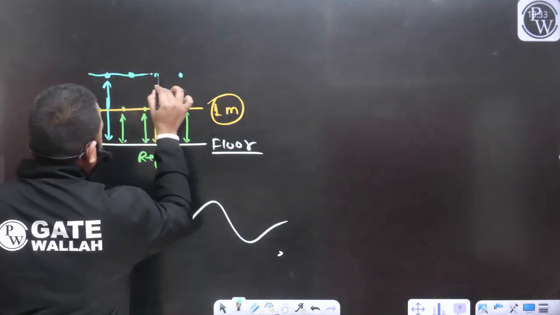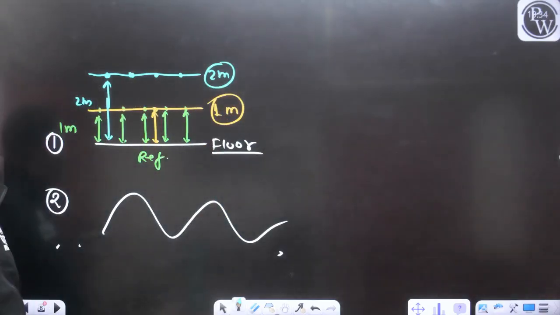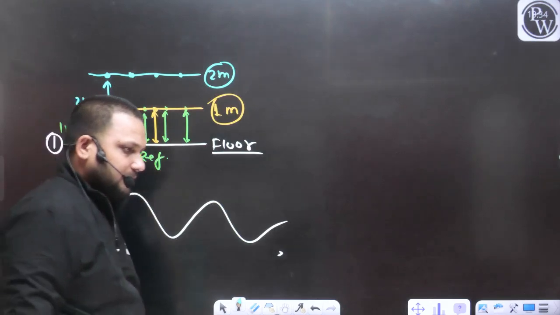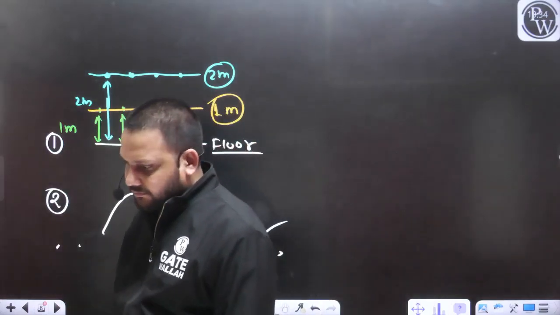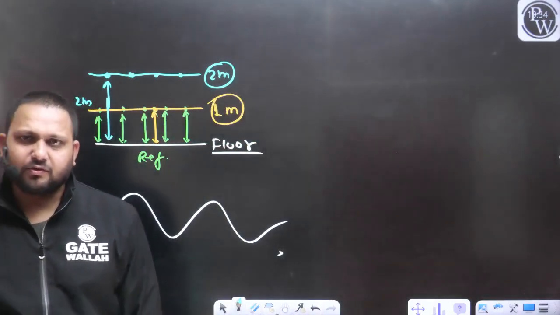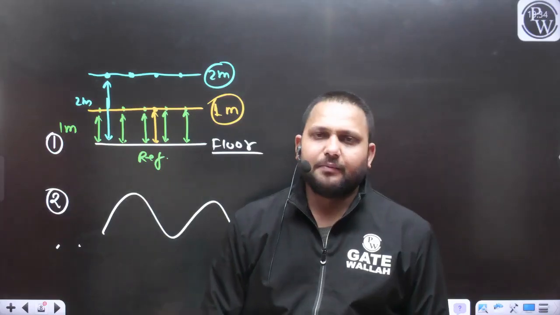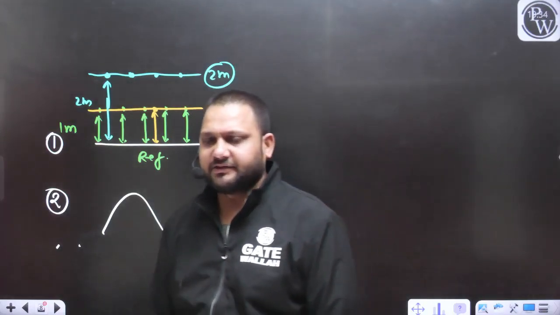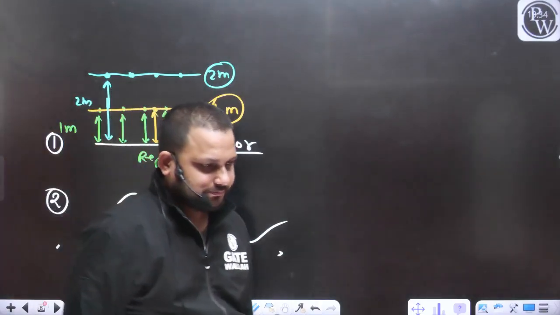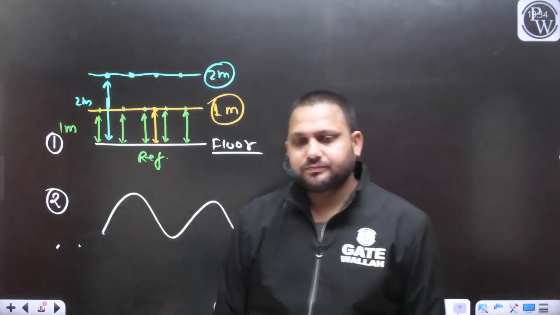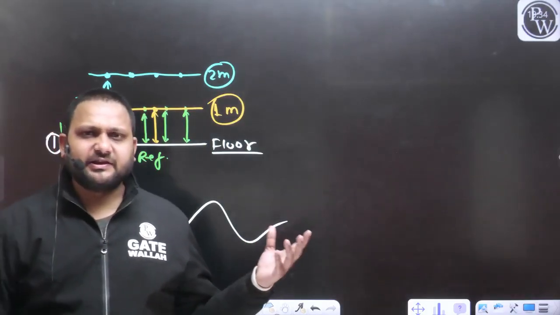If we connect all these points, can I say I will get the contour of 2 meter, yes or no? So how many contour lines can we visualize, or imagine? Infinite, yes. You just change the elevation.